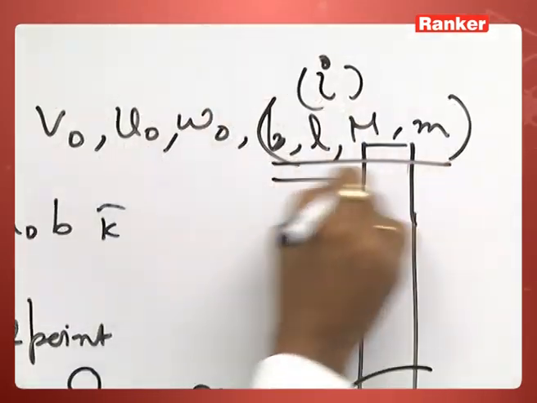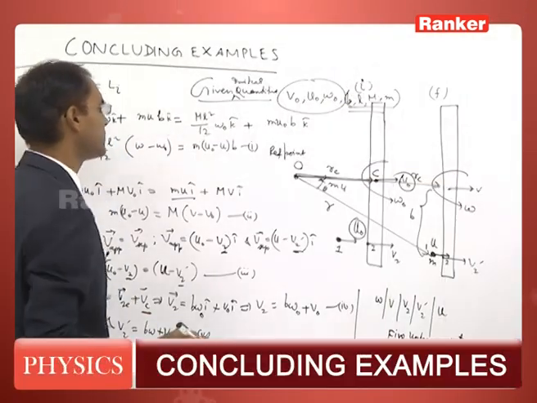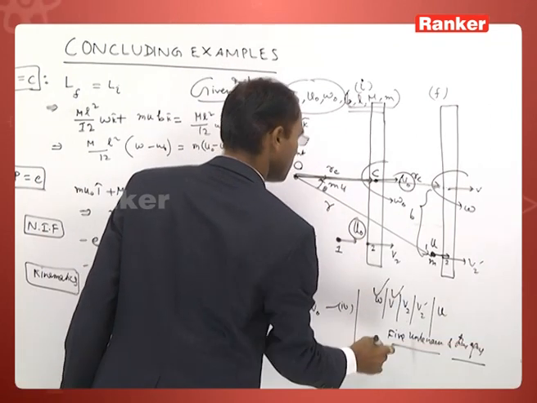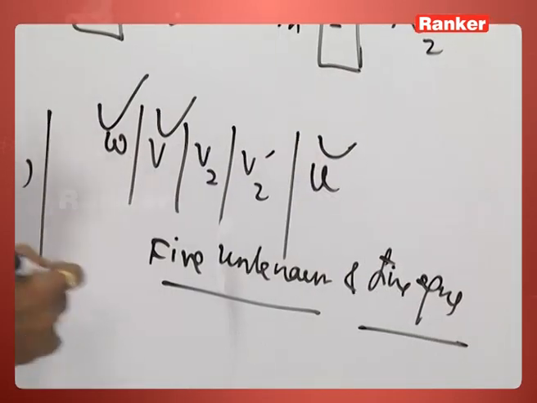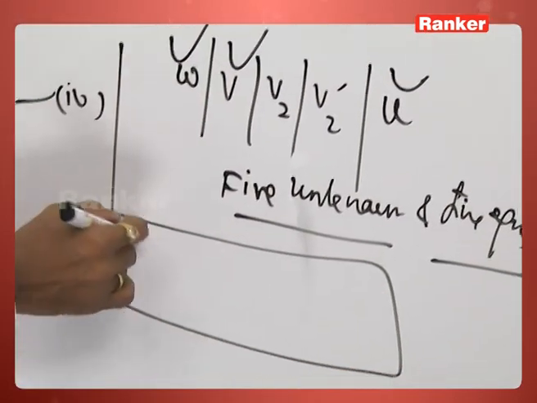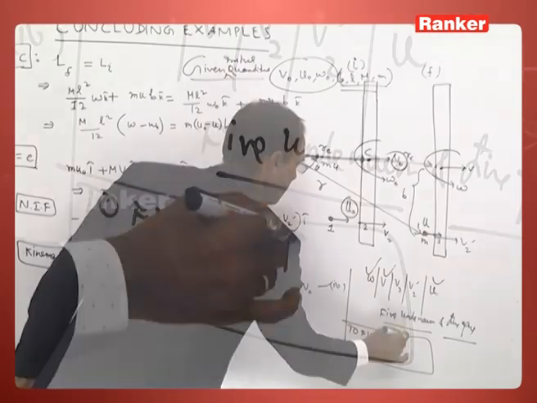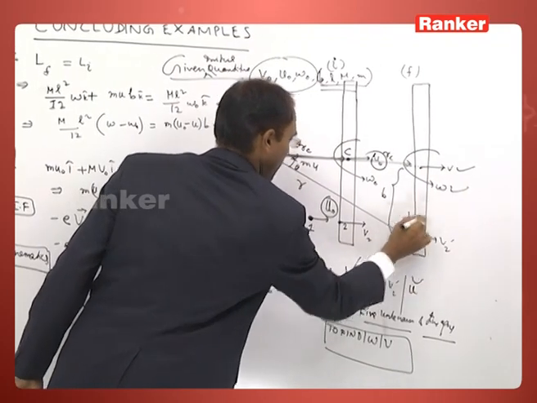These are the initial velocities, and we need to calculate the final velocities: omega, v, and u.